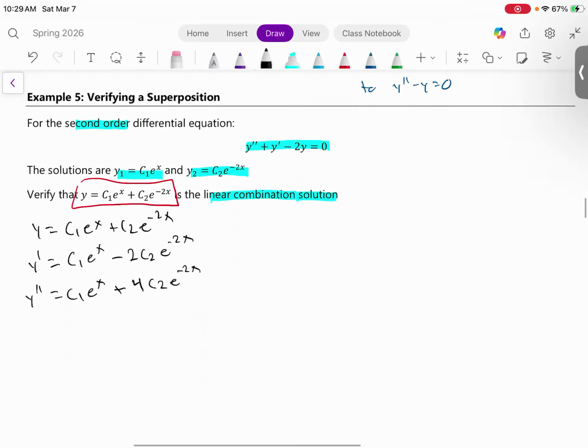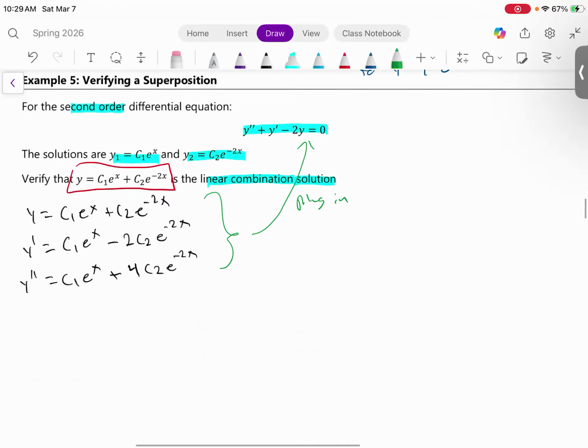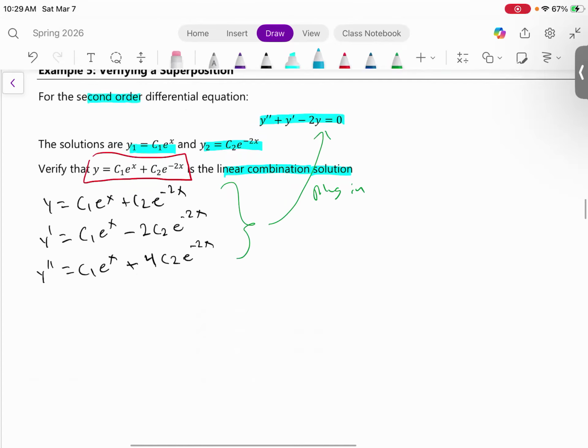We take all of our components, y prime and y double prime, and plug into the differential equation. Let's do that down here below. y double prime is c1 e to the x plus 4 c2 e to the negative 2x.